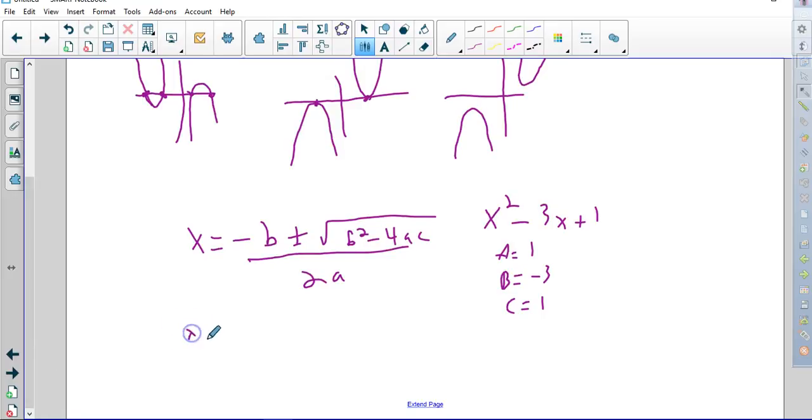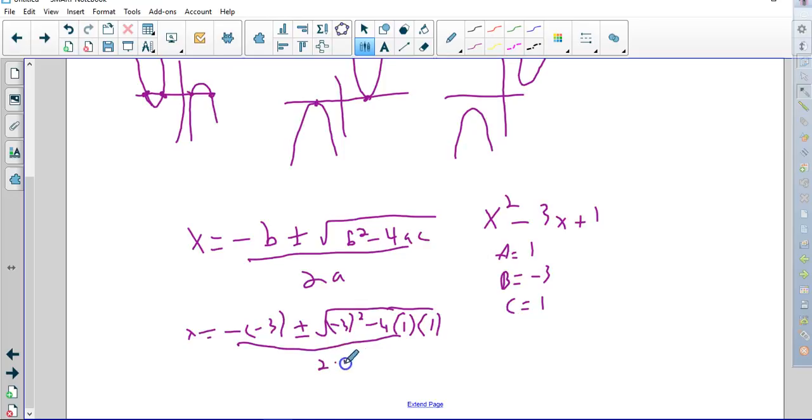So x equals the opposite of b, again, just like we did in the other one, plus or minus the square root of -3 squared minus 4 times 1 times c, 1, all of that over 2 times 1.